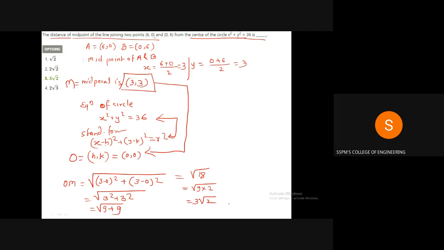So we first found the midpoint of AB by the midpoint formula, and then we found the center of this circle, and then we found the distance between them. So this distance was asked. So it is 3 root 2.